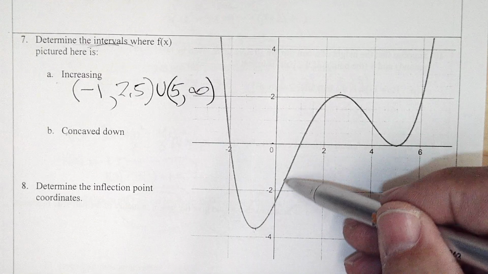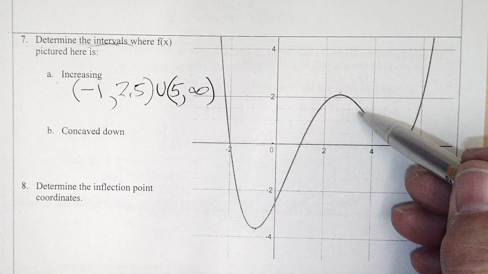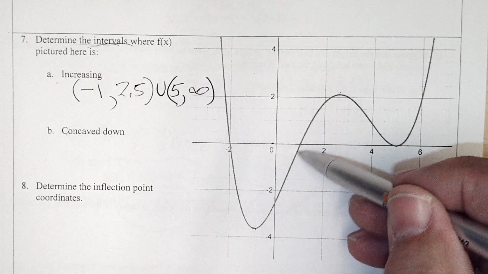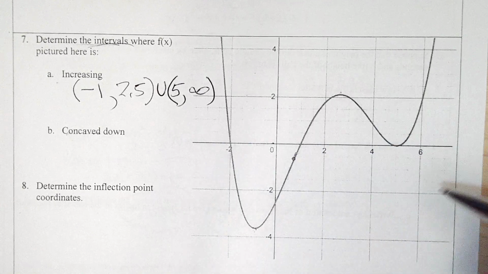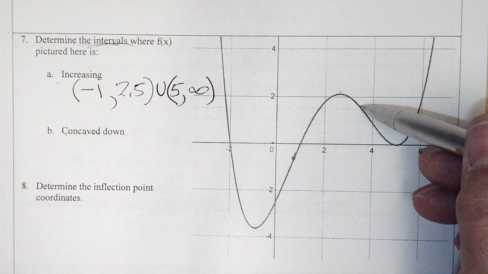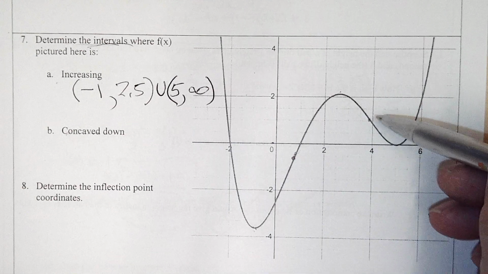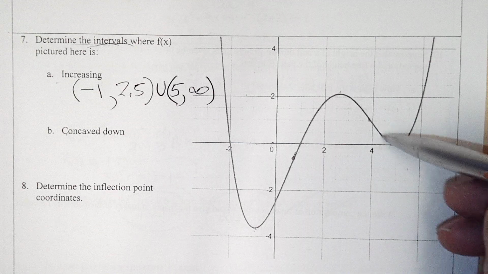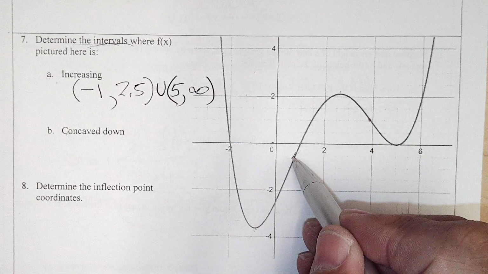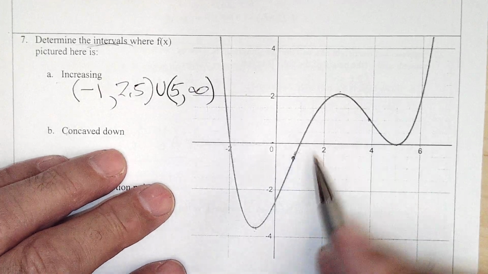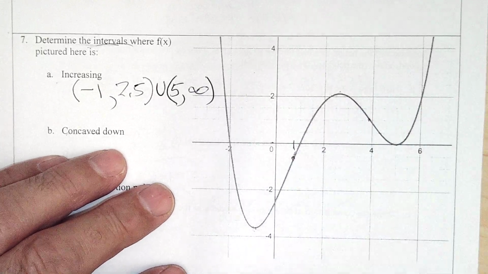It's curving up, and then all of a sudden it's starting to curve down. So it's changing somewhere in here. I don't know where, somewhere about there. And it's curved down till about there, where it changes to curved up. These are called inflection points, but concave down is somewhere from about there.